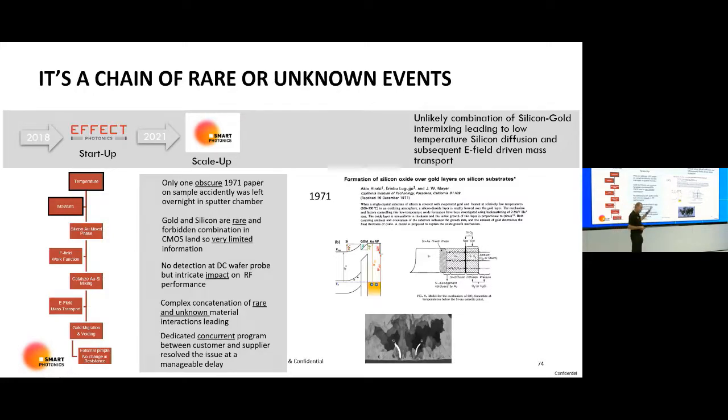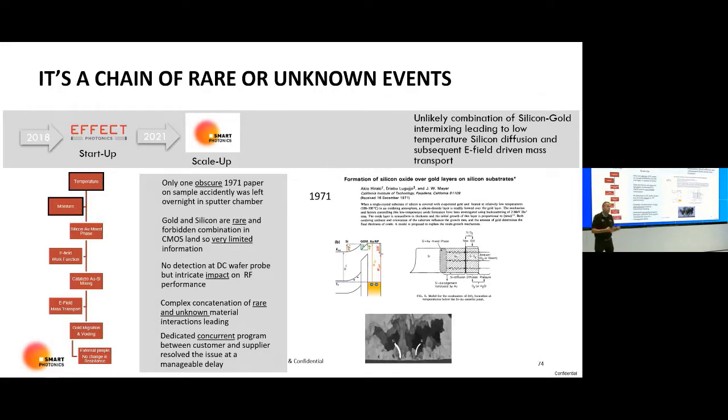The next day he came back and saw silicon dioxide had formed on top of his gold wafer, which he couldn't understand because the temperature was about 100 degrees. So he investigated and found that silicon and gold have a mixed phase at relatively low temperatures.